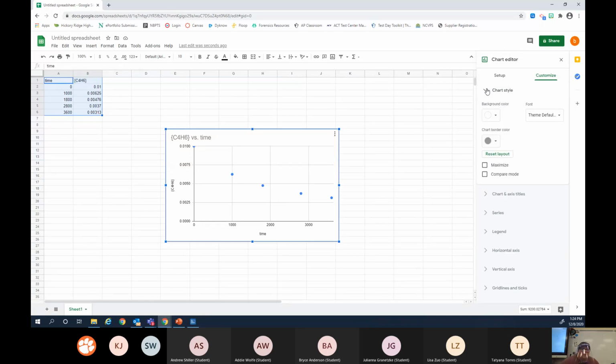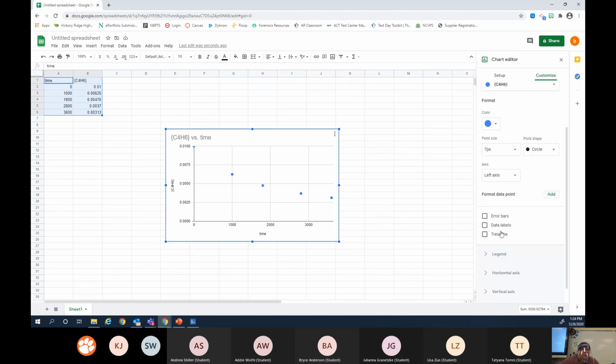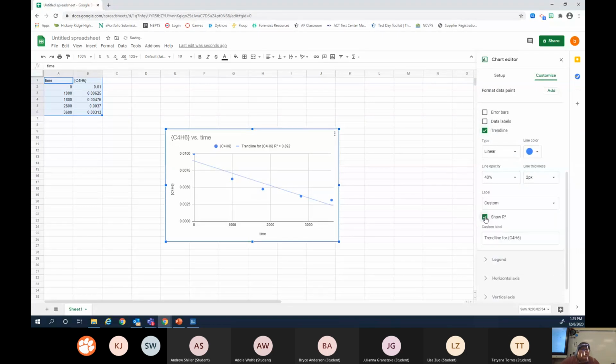You can change what type of chart it is, the title, the color of the series. You can add this trend line, that straight line that was shown on a lot of the graphs. You can also click this button that says Show R squared. That's that value that you want to be close to 1 to show that it's a straight line.